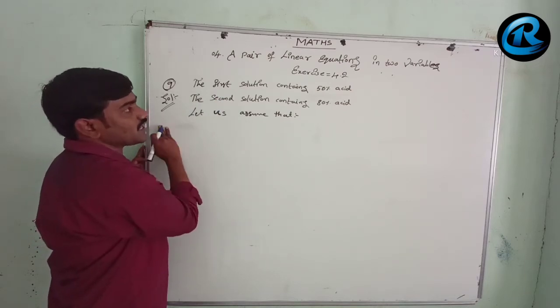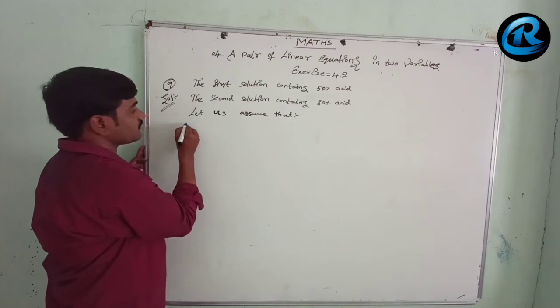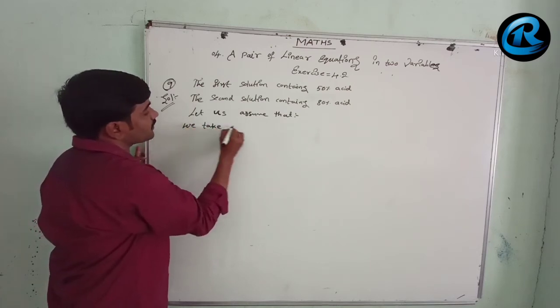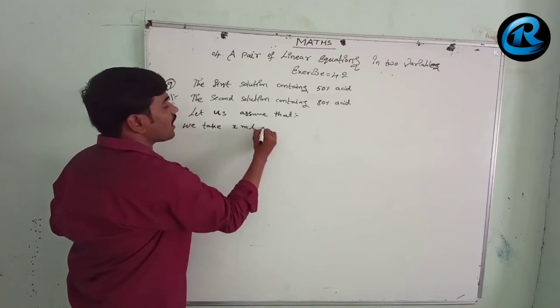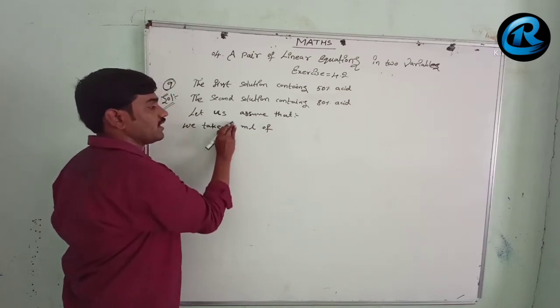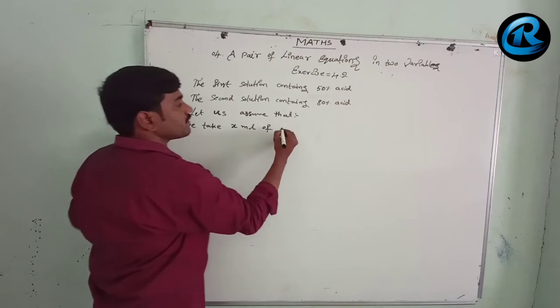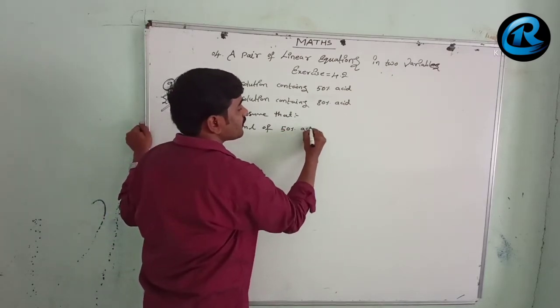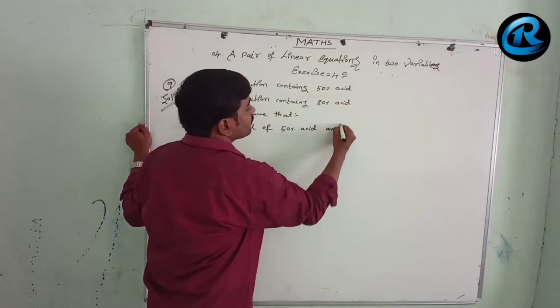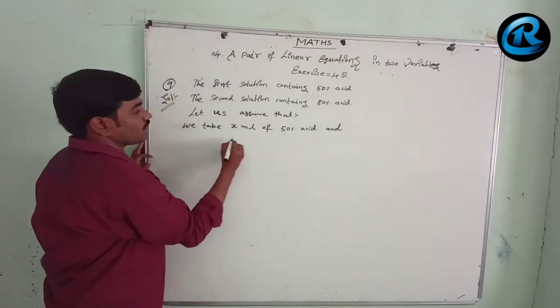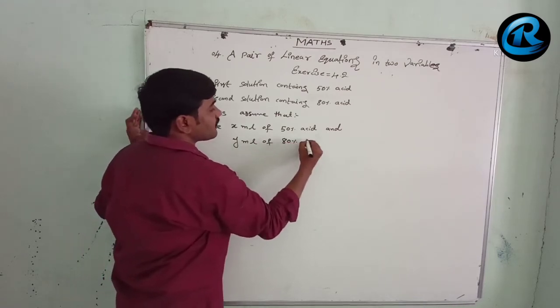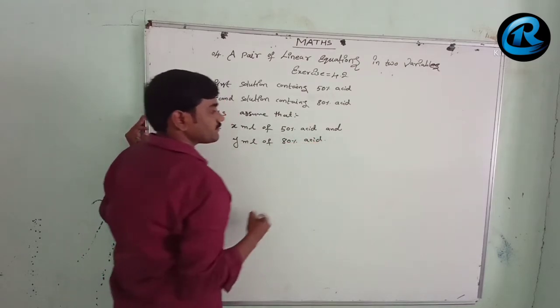Okay, the first solution contains 50% acid. We take x ml of 50% acid and y ml of 80% acid.